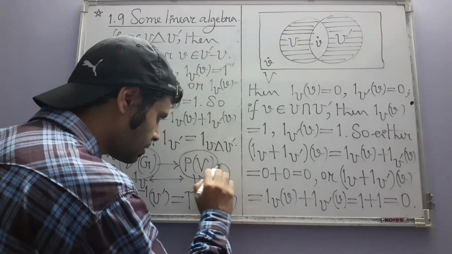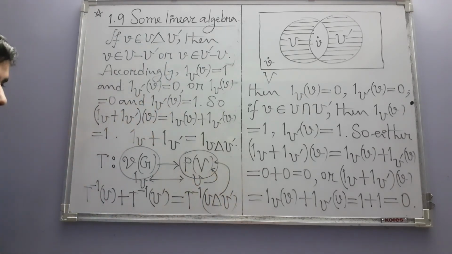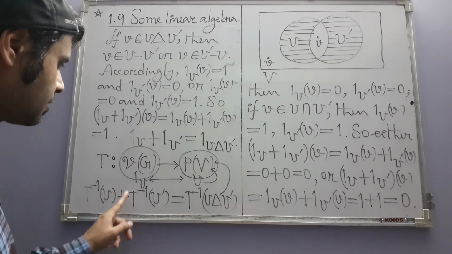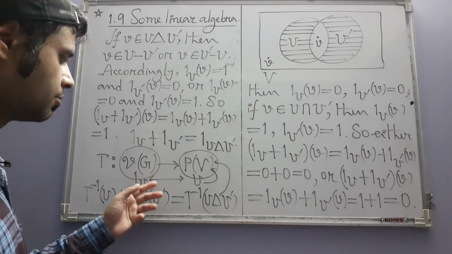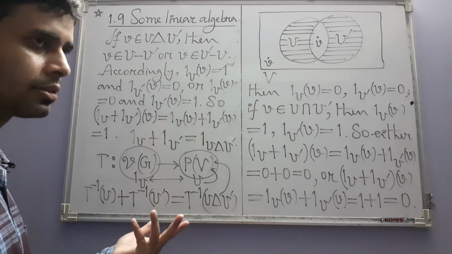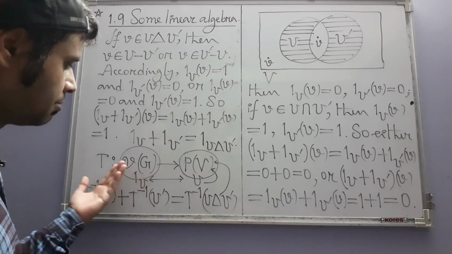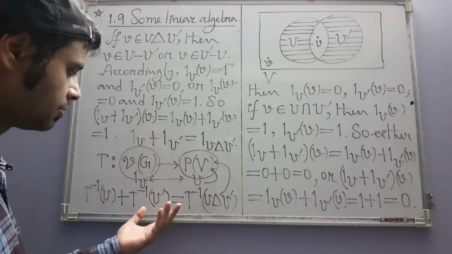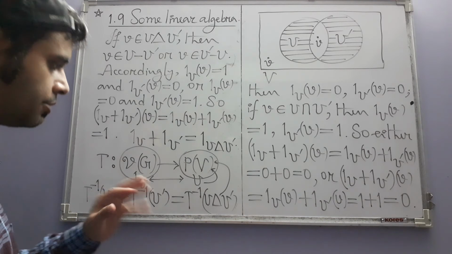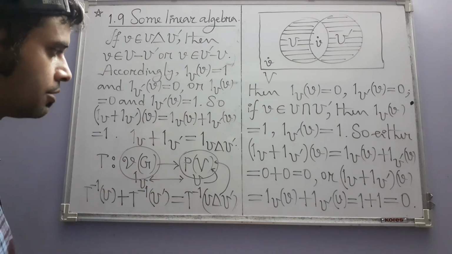This delta is the operation in this group, and this plus is of course the operation in this group, proving that T inverse is a homomorphism, and because it is bijective, it's an isomorphism, and that is why T is also an isomorphism between these two groups.